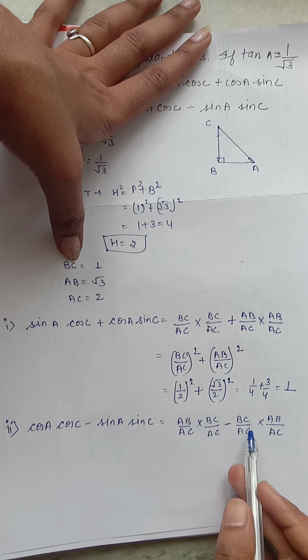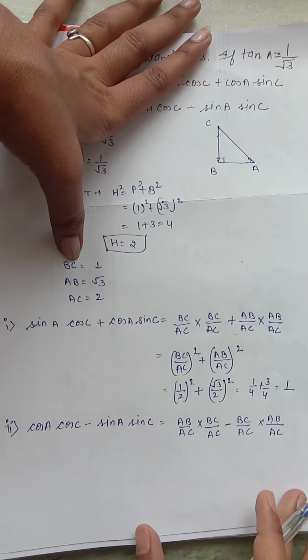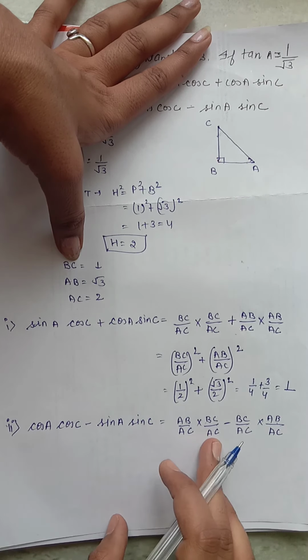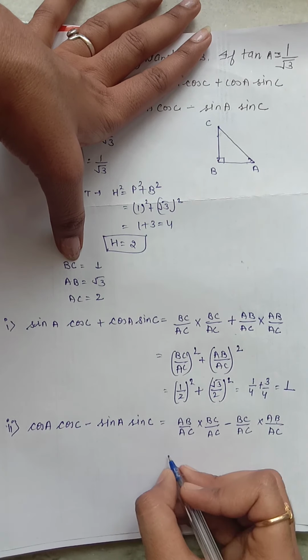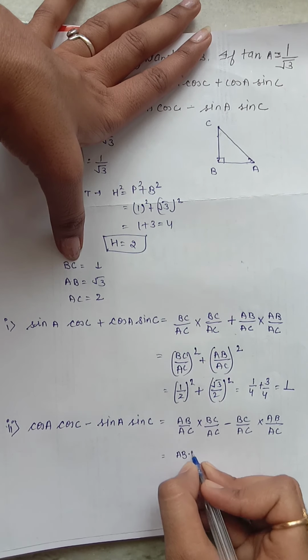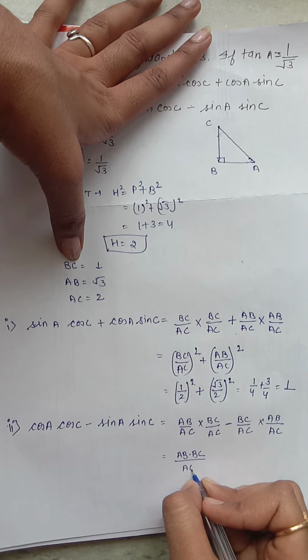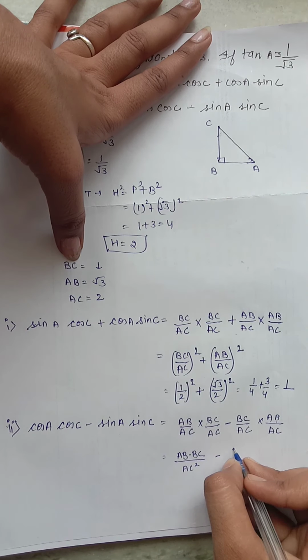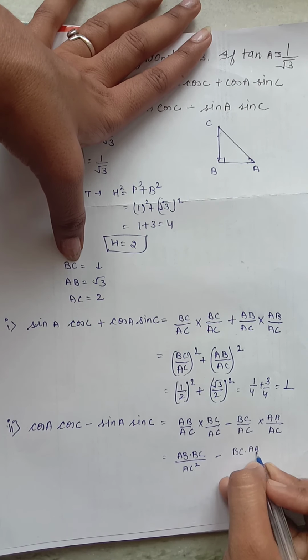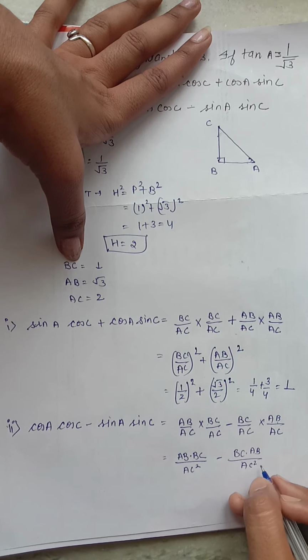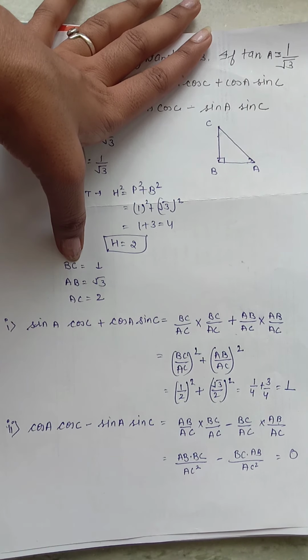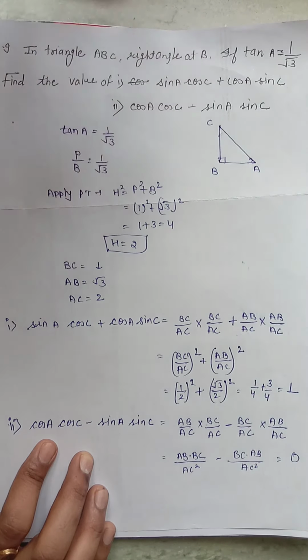AB into BC and BC into AB are similar. So we get AB dot BC upon AC square minus BC dot AB upon AC square. It is the same, so the answer is 0. There is no need to put the values also.